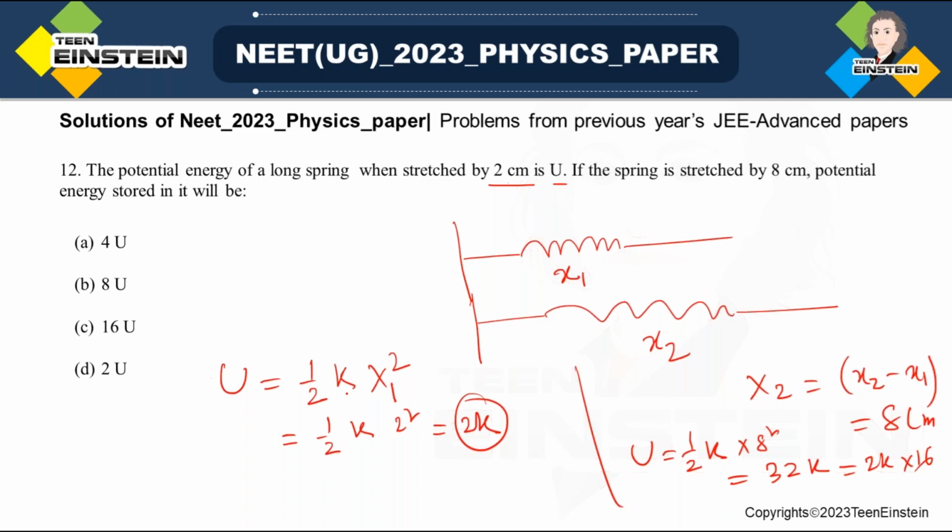Since 2K is U, we can write 16 into U. Let us say this is U prime. The potential energy stored in the spring when it is stretched by 8 centimeters will be 16 U.